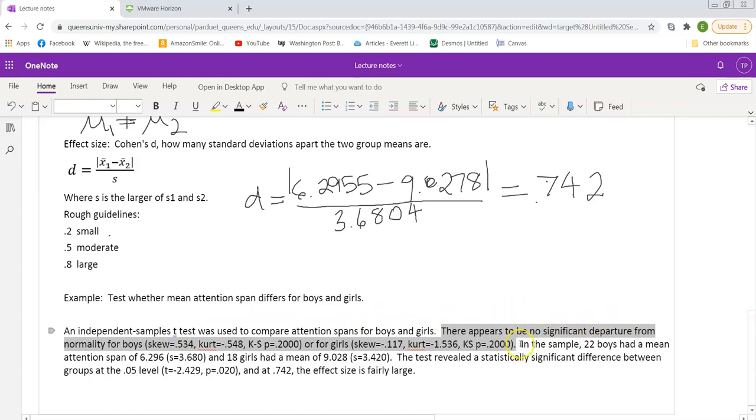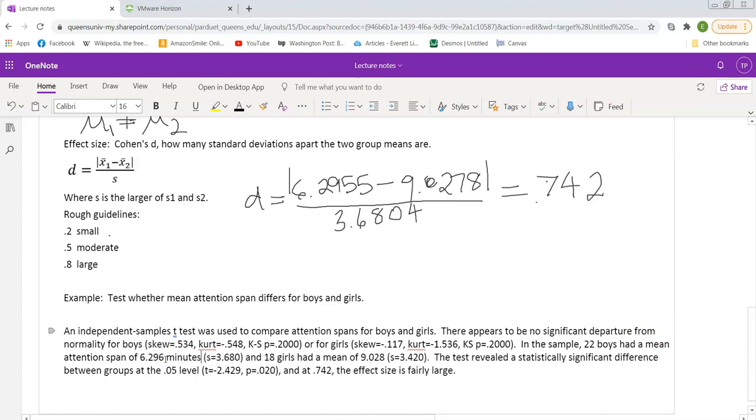So we're good to go on that. And then we state our descriptive statistics. We state our sample size, our sample means, and our sample standard deviations. And one thing I did not do here that I'm going to do now is report the minutes. Put the units on here, which in this case are minutes.